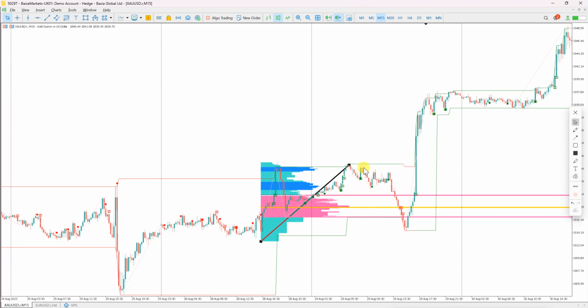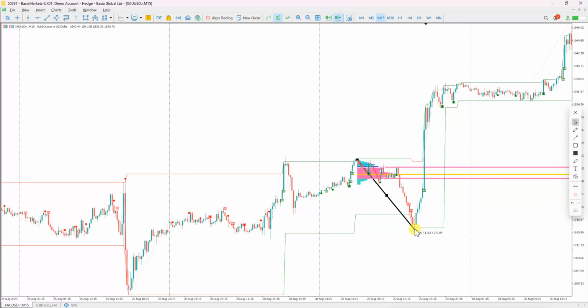Balance. And if we take a look at this, the balance is right here, in this swing from high to low. Notice the color changed from green to red. This is where the price consolidated, balanced, and then it became imbalance.